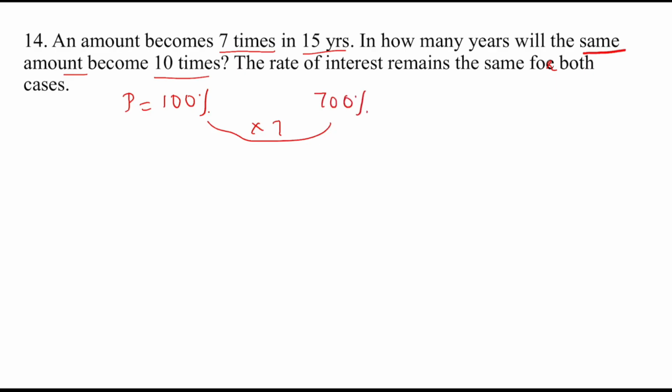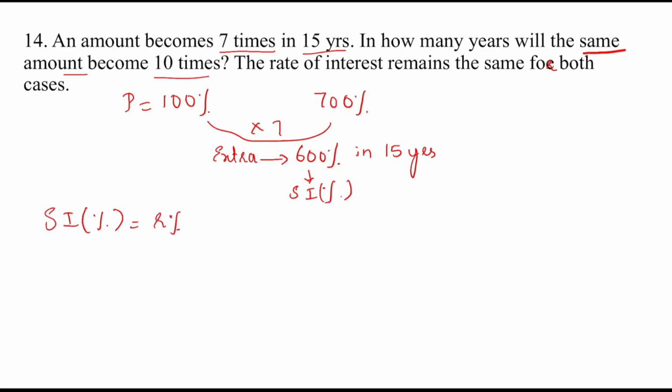So extra is how much we are getting? Extra is 600%. In how many years? In 15 years we are getting 600% extra. And this 600% is nothing but SI percent. Extra is always simple interest, isn't it? So we know that SI percent is equal to R percent into T. So 600% is R percent into T is 15 years.